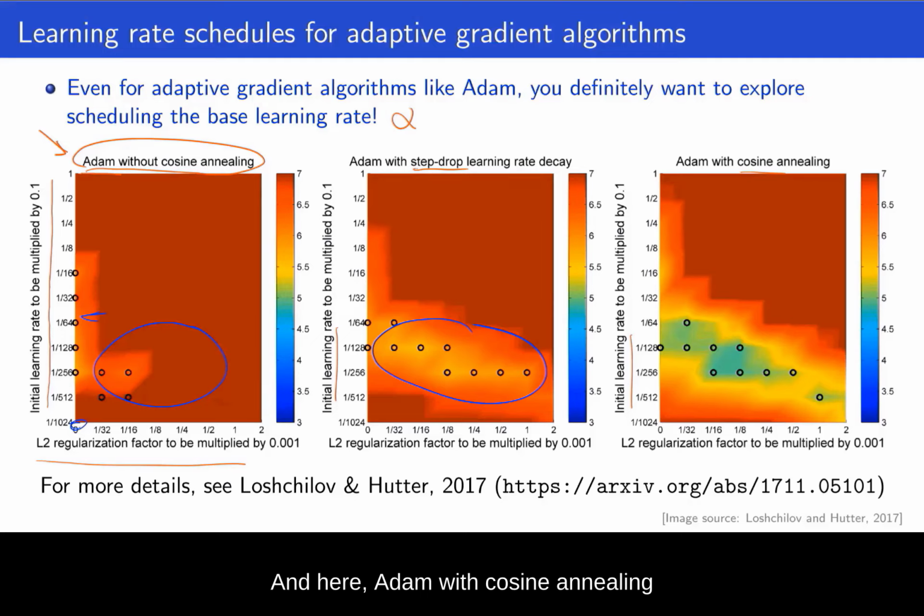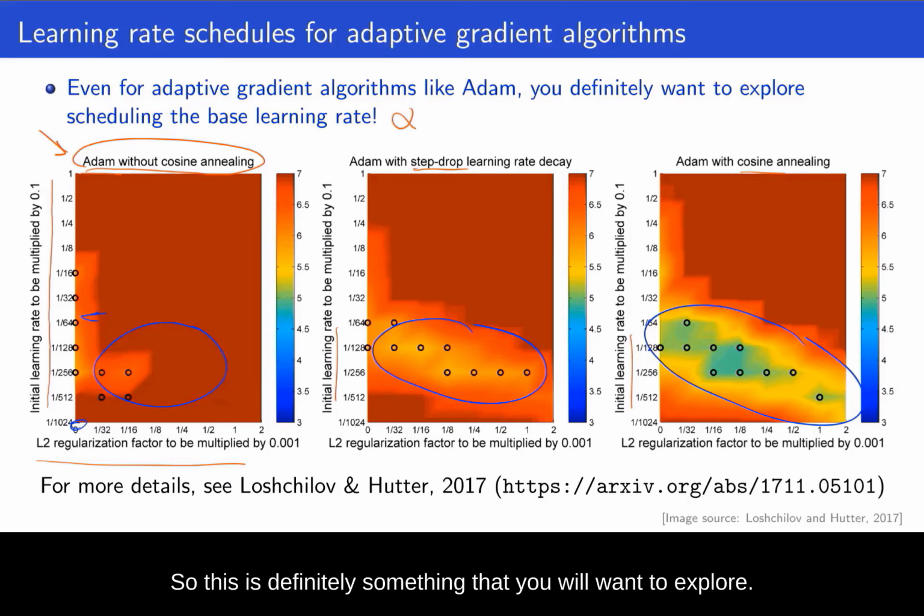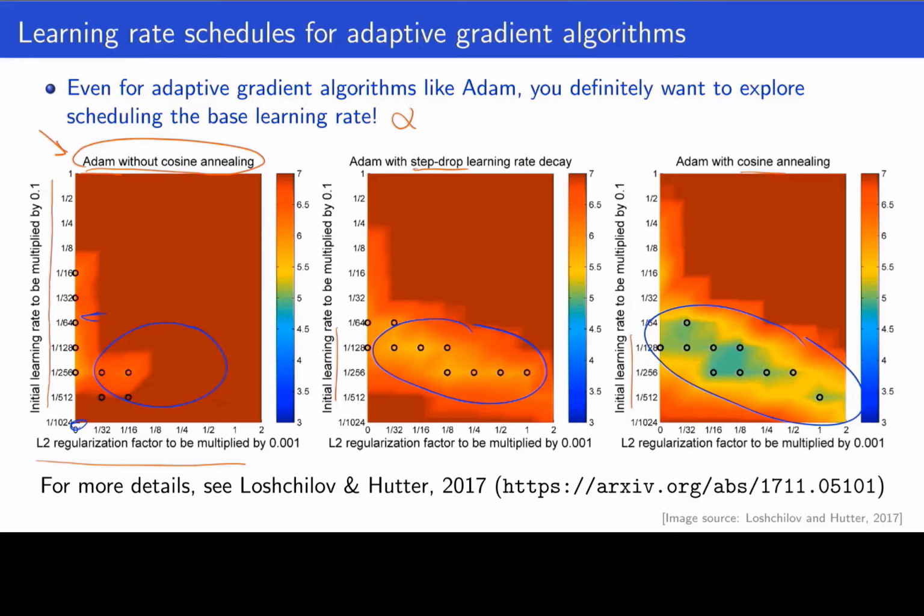And here Adam with cosine annealing gives us quite substantially better results than with a fixed learning rate or with a step drop decay. So this is definitely something that you will want to explore. And this is implemented in the AdamW paper on decoupled weight decay.